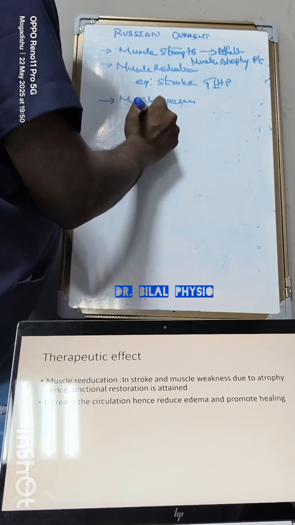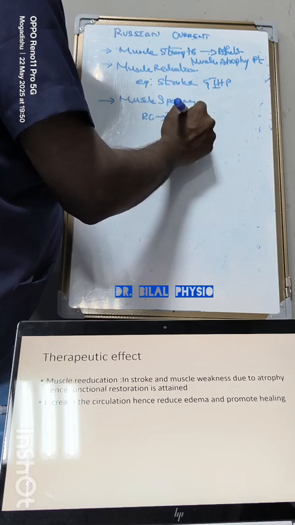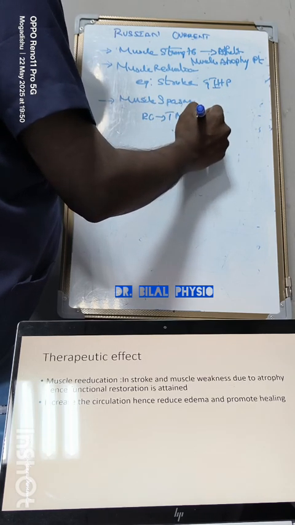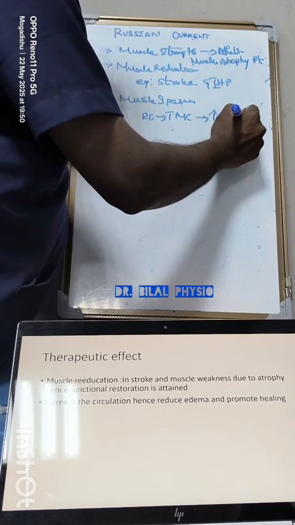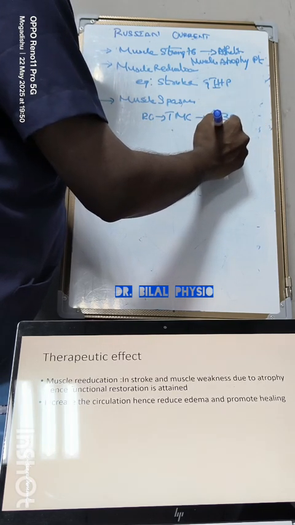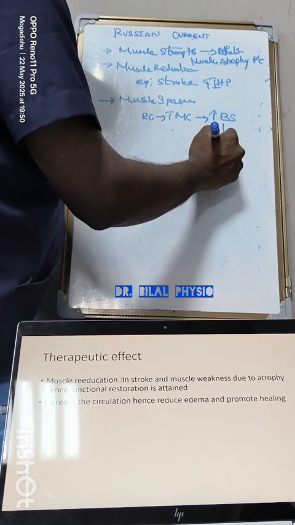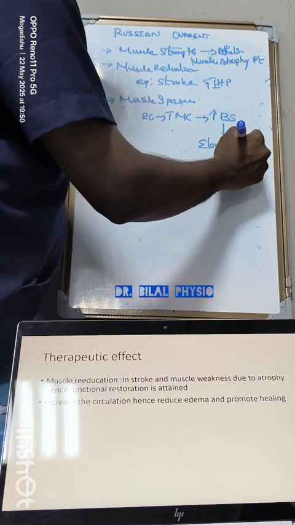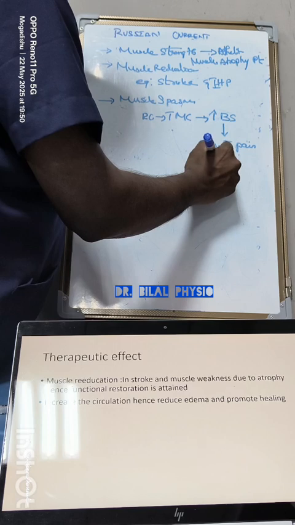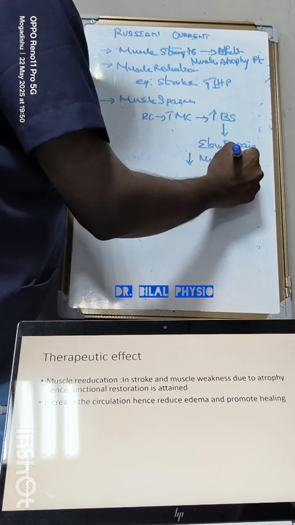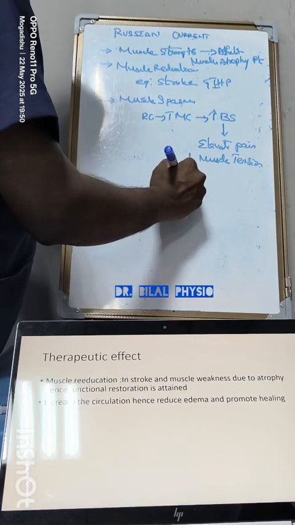as the Russian current causes a tetanic muscle contraction or a normal muscle contraction, which causes increased blood supply to the particular muscle where we are going to apply. So it will alleviate the pain and reduce the muscle tension by the increase in blood supply.